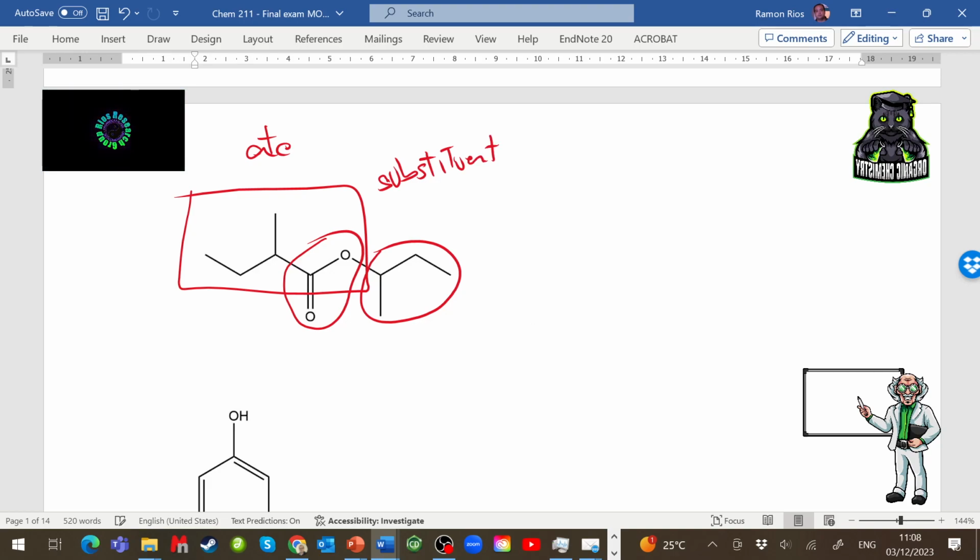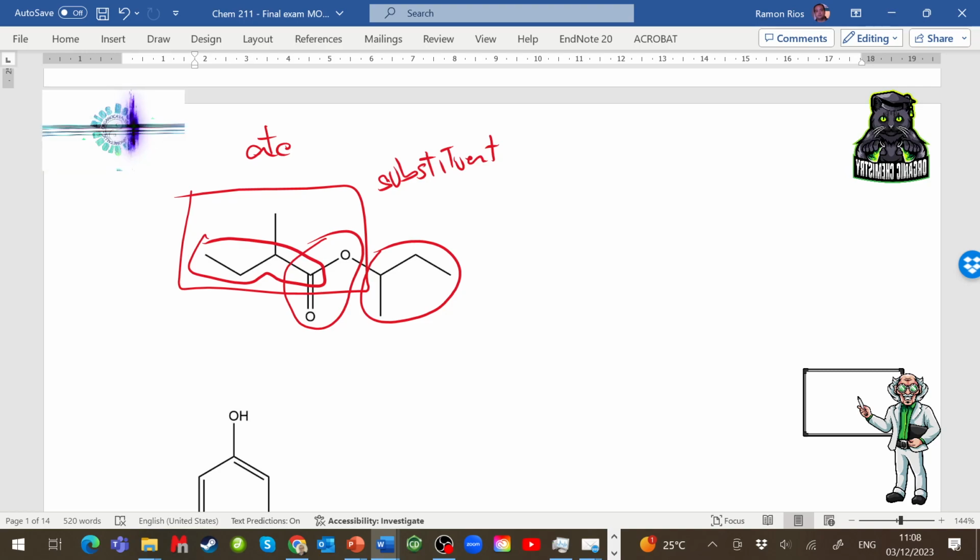Next thing to do is to try to find the main chain, and the main chain will be exactly this. Okay, 1, 2, 3, 4 will be a butan.